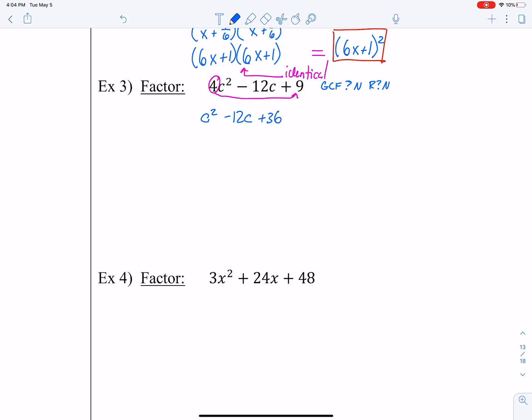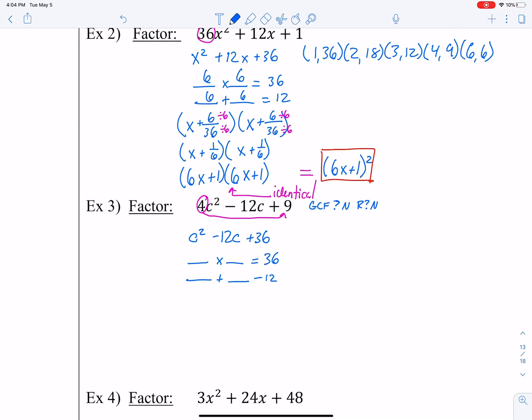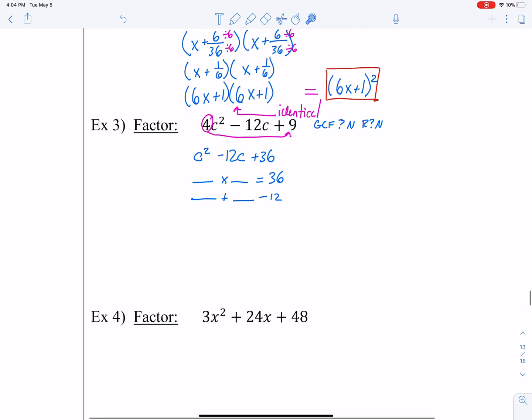And then I want two numbers that are going to multiply together to give me 36 and add together to give me minus 12. Well, I just wrote all the factors for 36 up here, so I'm not going to write them out again. So I look at those and I find that I need minus 6 for both cases.